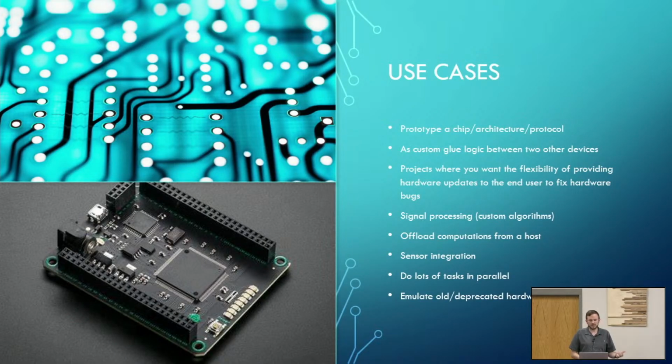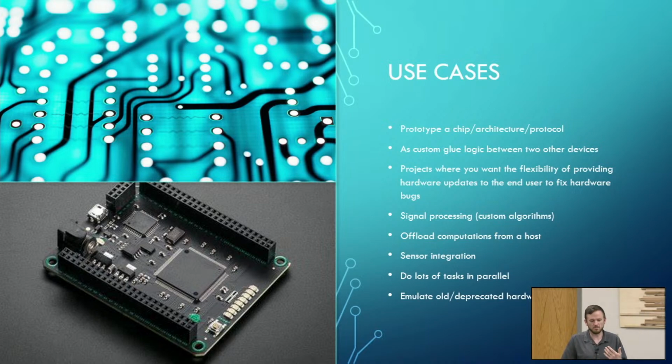Some of the use cases for FPGAs: they only cost anywhere from $20 clear up to $20,000 for a chip, depending on what you need. But they're really good as a prototype chip. If you don't have high production volumes, say under 1,000, an FPGA is the way to go rather than trying to get a custom chip manufactured, which would cost millions.